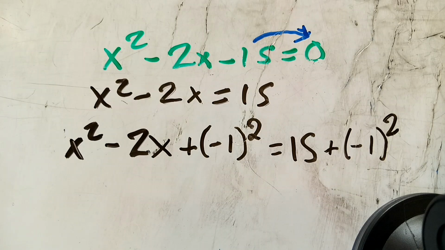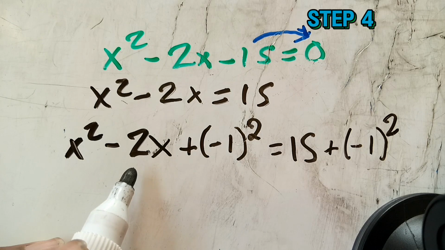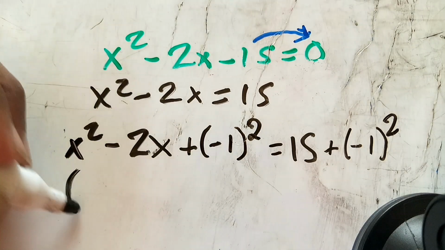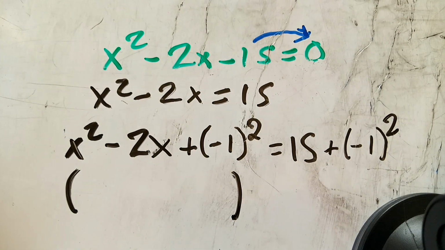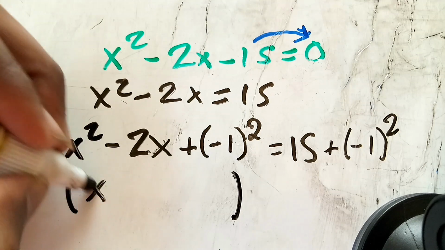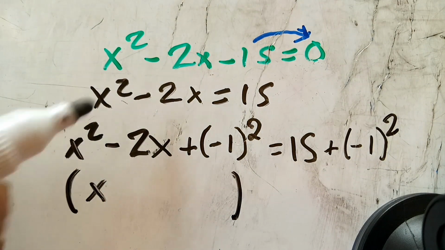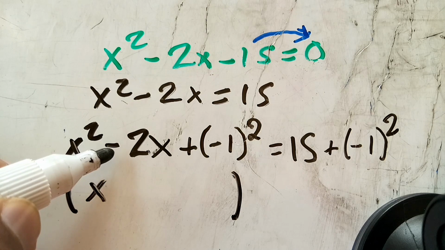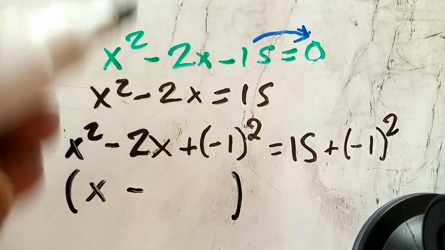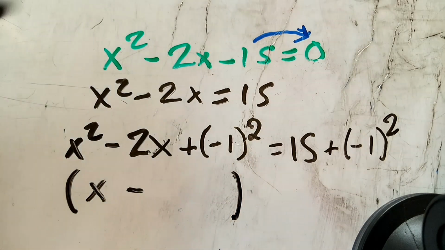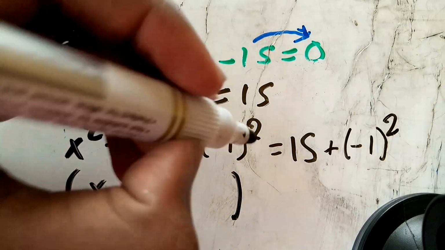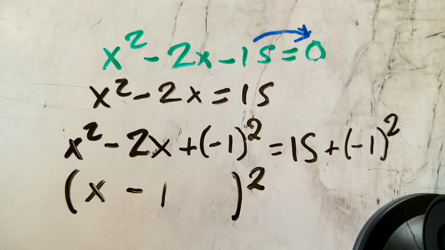Now, on this part here, we're going to introduce two brackets, and then we say x, we get this x, then we get the sign from 2x, so minus, and then we get our 1, so we say 1, and then we put squared outside there.